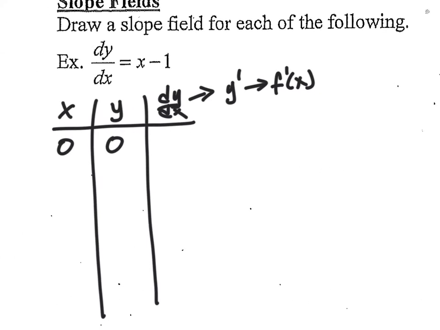So what I do is I plug (0, 0) into my derivative, dy dx, and see what we get. I'm going to get that dy dx is equal to 0 minus 1, which gives me negative 1. This number, negative 1, after I plugged in the point (0, 0), is the slope of the tangent line at that point.